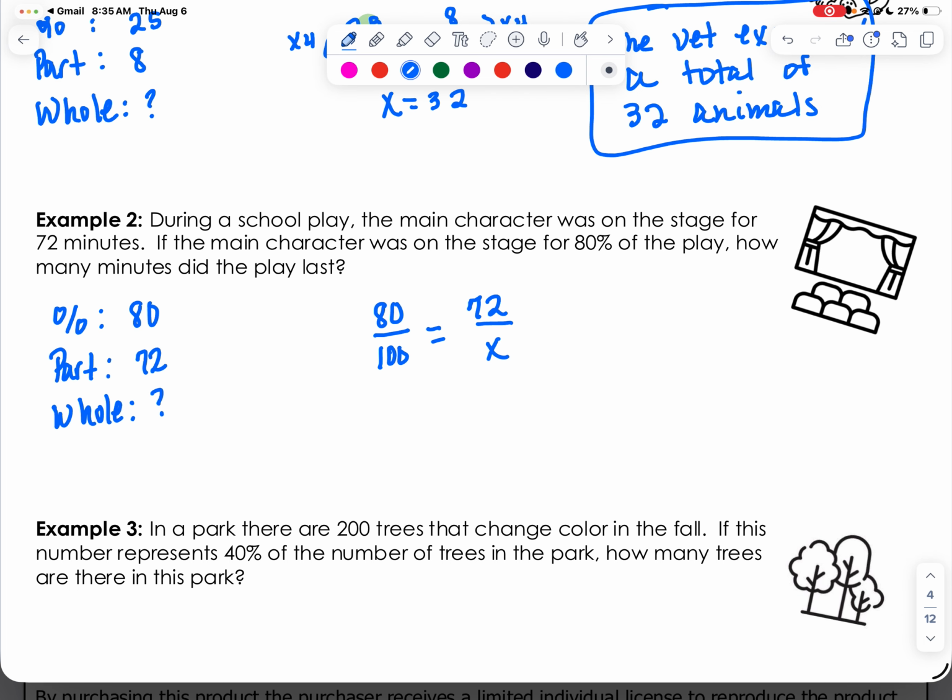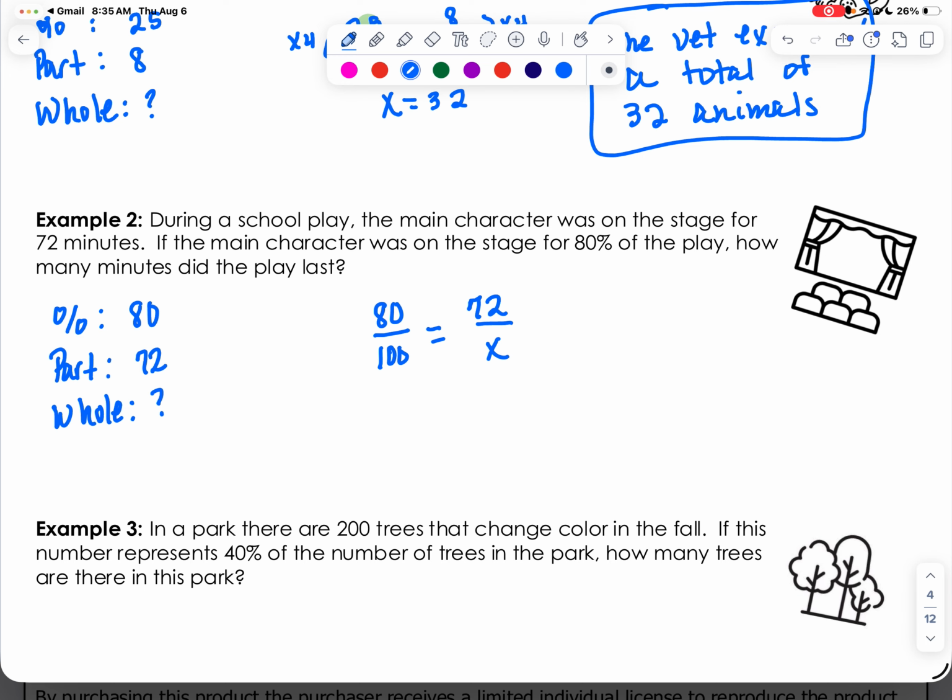Now, when I'm looking for my scale factor here, I'm noticing, well, let's see, 72 will not go into 80, 80 won't go into 100 very easily. So when this happens, what I try to do is reduce one of my fractions to simpler terms to try to get a number that will go into 72.